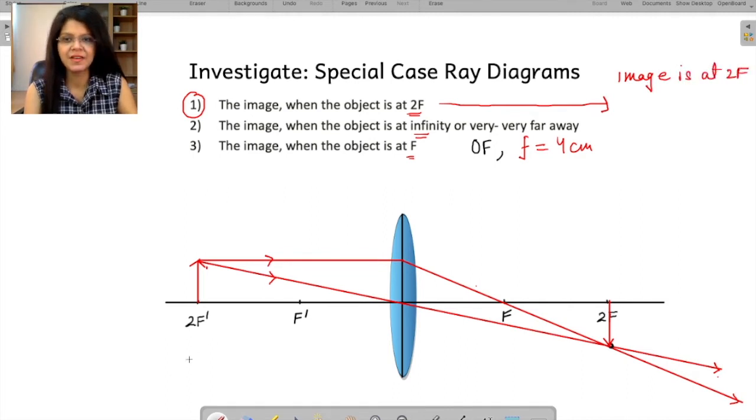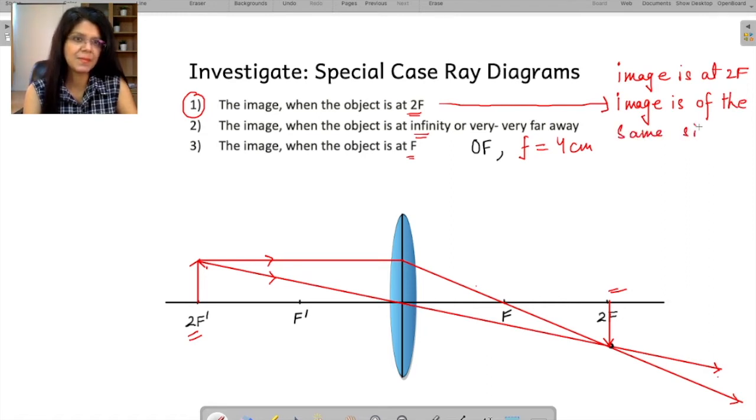If you see, object at 2f, image is also at 2f, and image is of the same size as the object.